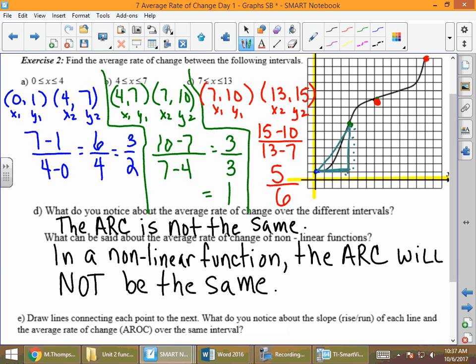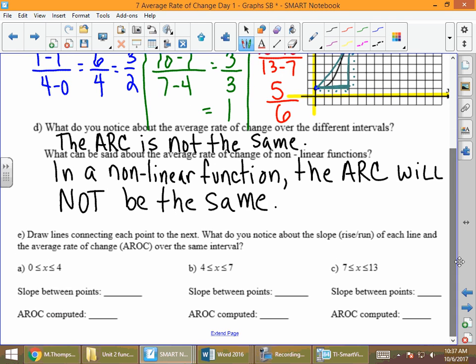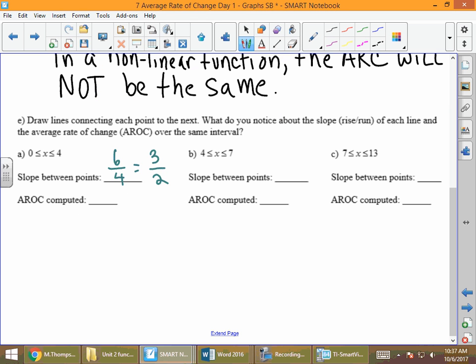And we run 1, 2, 3, 4. So from 0 to 4, 6 over 4, which by the way simplifies to be 3 over 2. And if you recall, on the front of our paper, we had 6 over 4 when we used the formula, which we simplified to be 3 over 2.